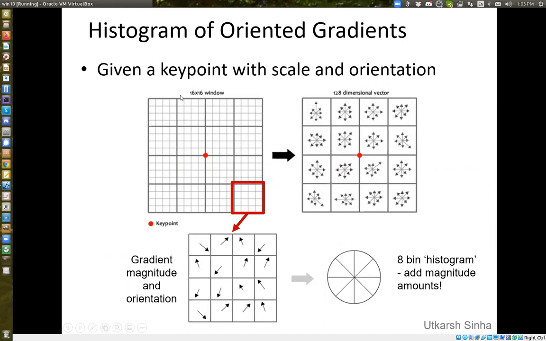For each of these blocks, each 4 by 4 block, we compute a histogram.